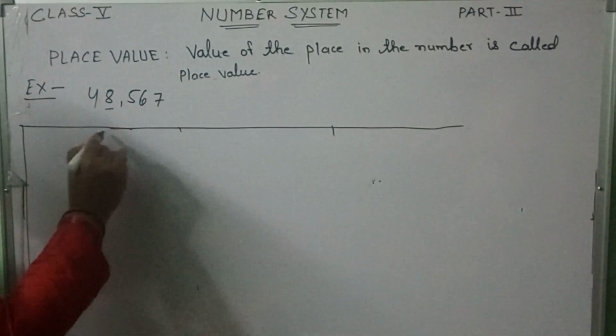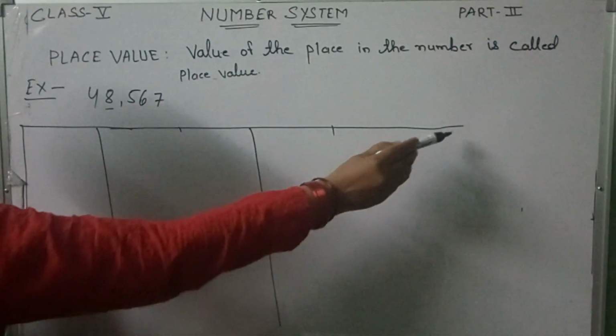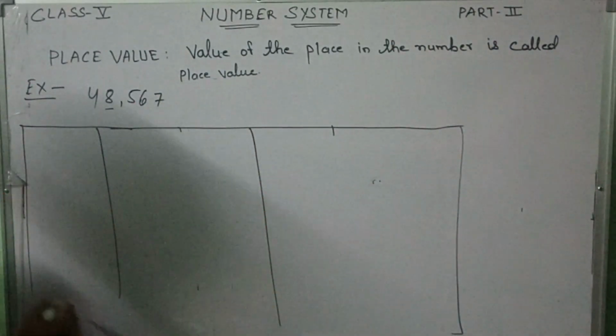This one is the first column, this one is the second column, and this one is the third column.